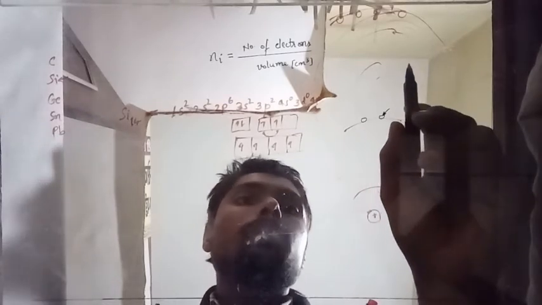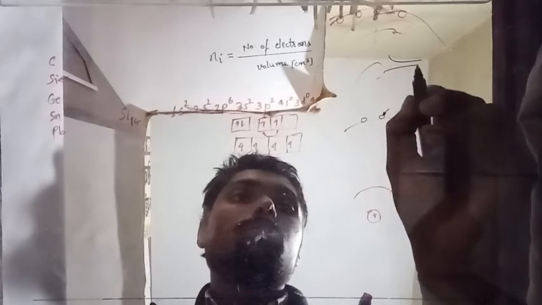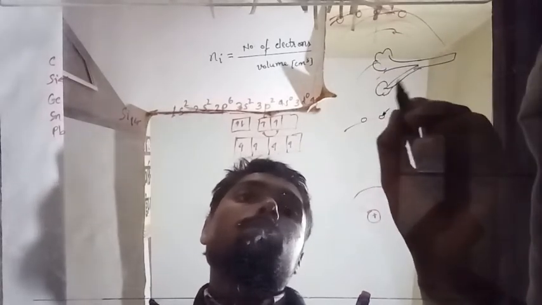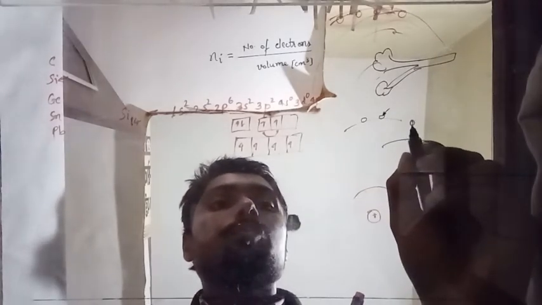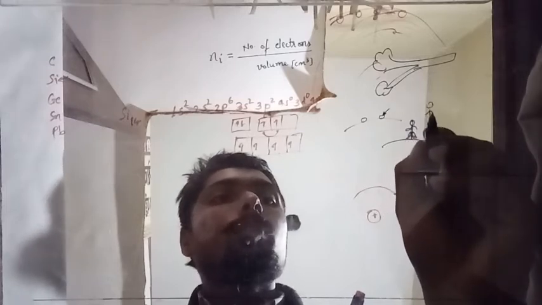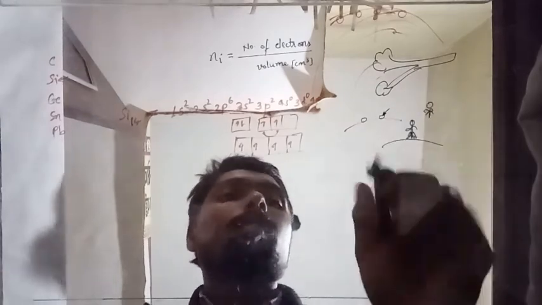Similarly, suppose this is a tree, and this is the earth where you are going to jump. If you jump but cannot reach up to this level, you will not be stationary.